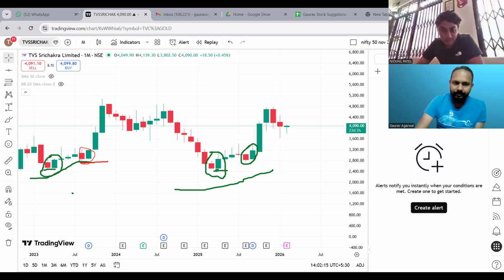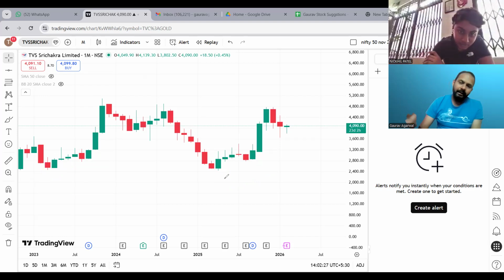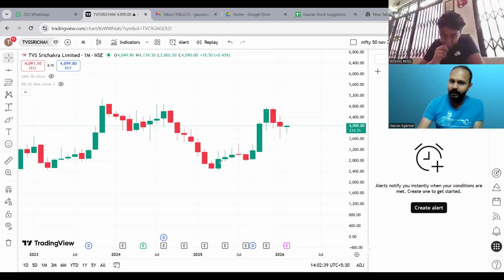Okay. And so what happens is the Tweezer bottom is formed, right? Do we only take our buy when that candle has closed? See, again, it depends on the trader. Trading is not like a book where you have to do the same thing. You can change your things, right? So here there are two ways. Either you can take entry near here.